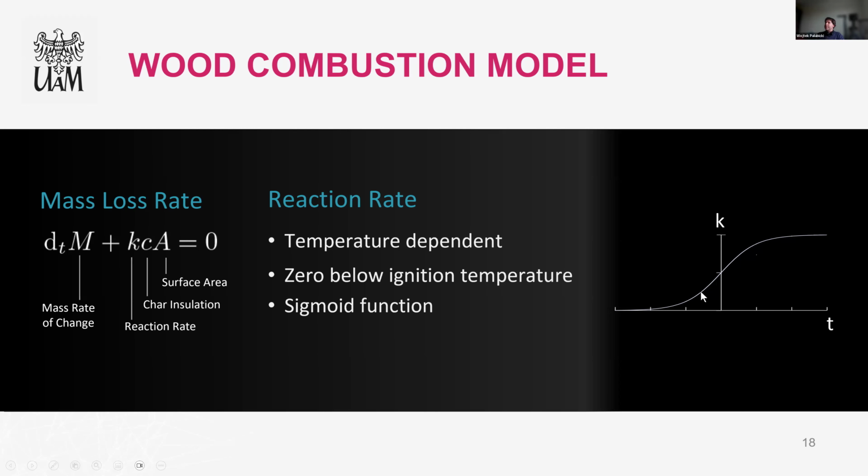As the temperature, shown on the horizontal axis, increases, the reaction rate K increases as well, which means the higher K is, the higher the mass loss rate, and the lower the insulation coefficient C will be, the greater the insulation effect is on the tree.